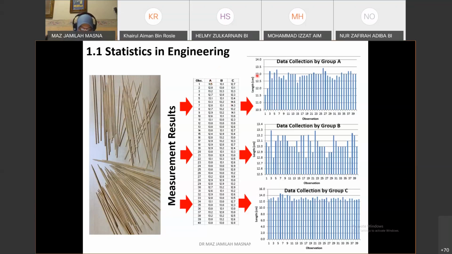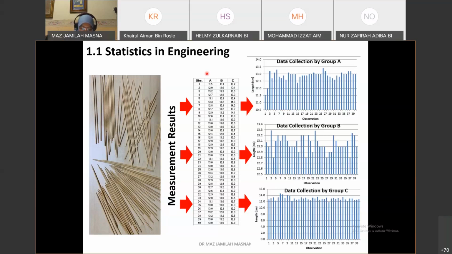This bar chart is from group A, this from group B, and this from group C. Can you observe something similar in each bar chart? What is that similar thing? Can you guess? Just try. It's okay if you are wrong. I'll just correct it.